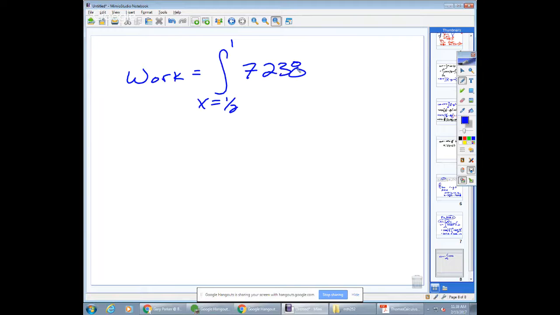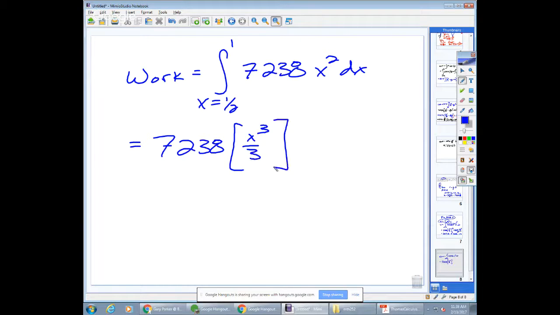Our formula for that is 7,238 x squared dx. We already know that antiderivative: 7,238 times x cubed over 3, as x goes from 1/2 to 1.